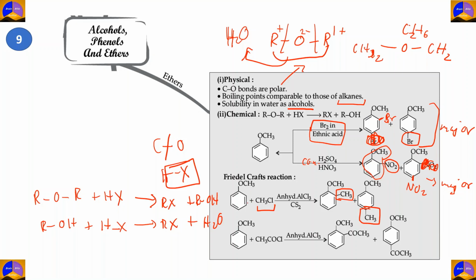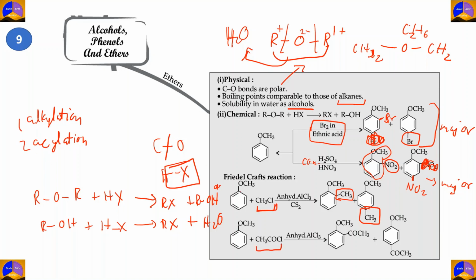So there are two types of Friedel-Crafts reaction. Let's write it down. There are two types, alkylation and acylation. Now this has to do with whether there is an alkyl group or an acyl group present here. So this is an alkyl group, while this is an acyl group.